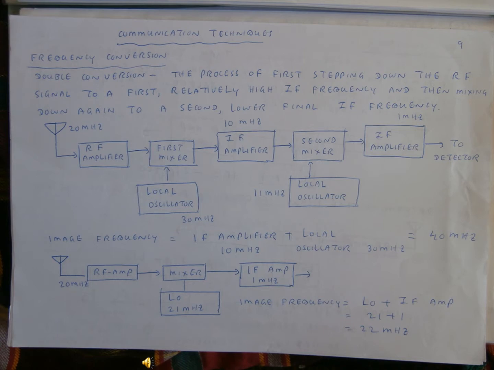Inside the mixer it is combined with the local oscillator 21 megahertz, and the intermediate frequency amplifier output is produced, with an intermediate frequency of 1 megahertz. In the meantime, the image frequency can be calculated. This is the local oscillator frequency plus the intermediate frequency, so 21 plus 1, you get 22 megahertz.